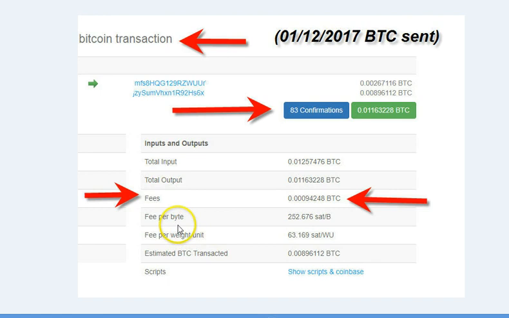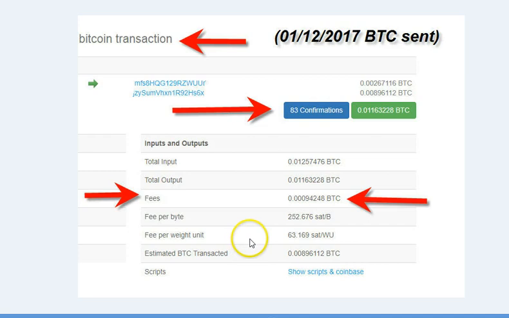There's fee per byte, fee per weight unit. All this technical stuff you don't have to worry about, but just understand that behind every transaction of a cryptocurrency, whether it's Bitcoin, Ethereum, or hundreds of other digital assets, there is mining behind it to be able to complete that transaction.